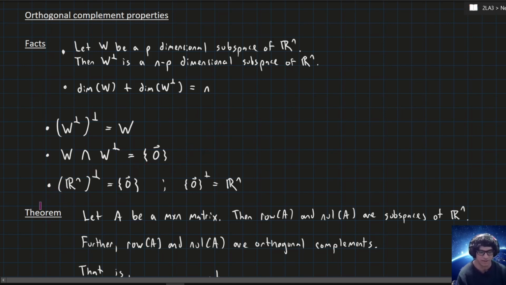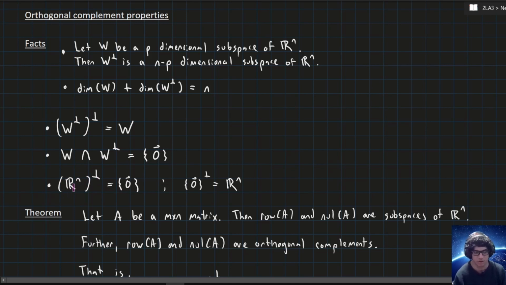And this last fact is about the complements of Rn and the 0 vector. Remember, Rn and the 0 vector are subspaces of Rn, and they are the orthogonal complements to each other. So Rn and 0 are the two extreme subspaces, right? Dimension n and dimension 0. If you think about it, it makes sense.